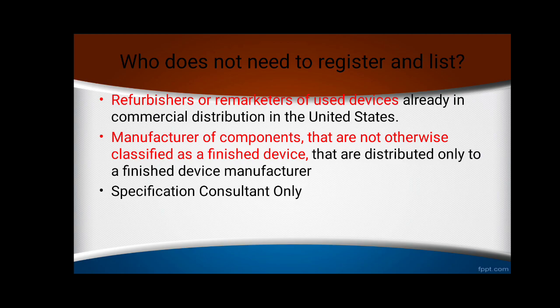As said before, registration and listing information must be submitted to the FDA annually, and the annual registration fee is $5,672 for 2022. You have to pay it even if you are a small company.